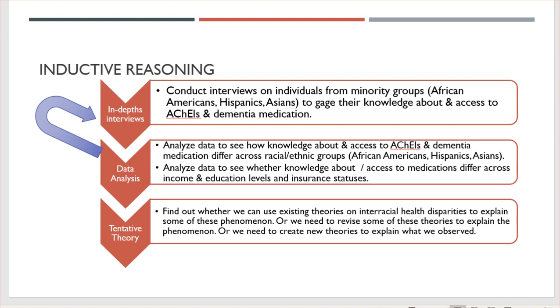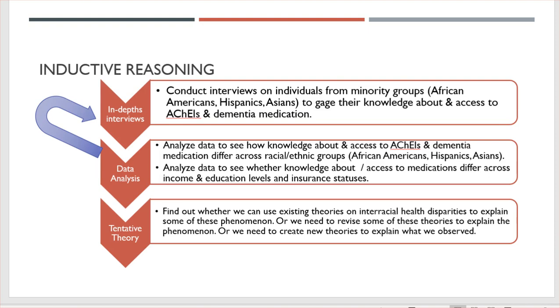We can also analyze the interview data to see whether knowledge about and access to medications differ by people's income level, education level, insurance status, and other characteristics. And after we analyze our data, we may see, are there still any knowledge gaps we need to find out? Is there still anything we don't understand?